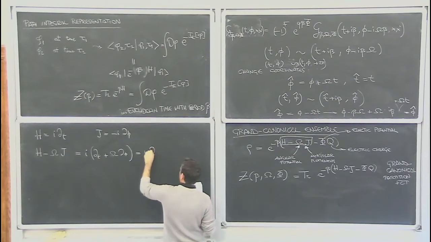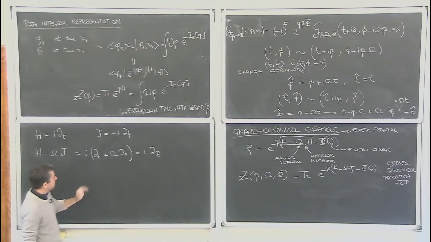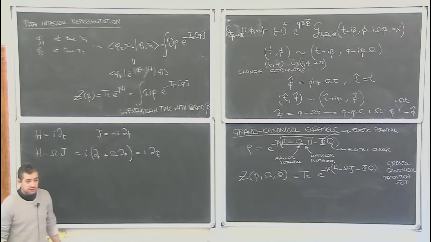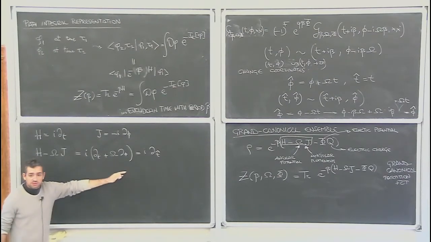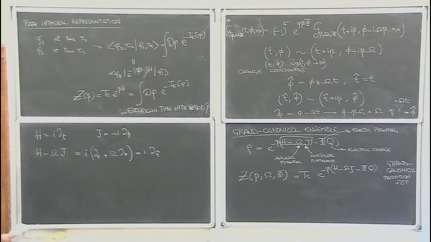And this is del t hat. This is what I was saying before, that it's important to distinguish between t and t hat, because the derivative with respect to t is not the same as the derivative with respect to t hat. I guess I don't have to prove this, but just use the change of coordinates up there, and you deduce this.